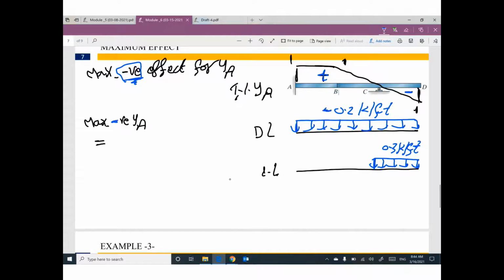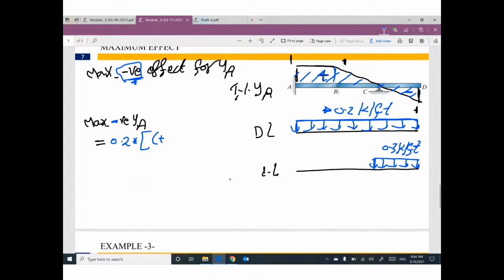Okay, dead load times the area of diagram covered by this dead load, the whole area, whatever positive or negative, I don't care, because your dead load is covering everything. So we have positive 1/2 times... I'm sorry. Wait.